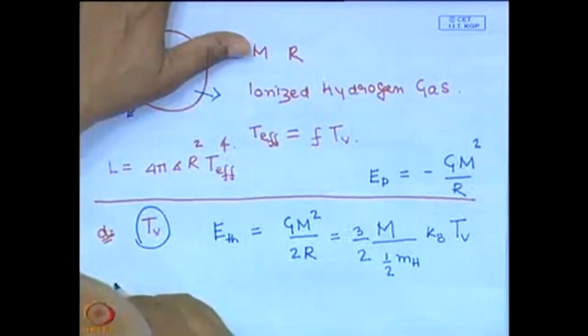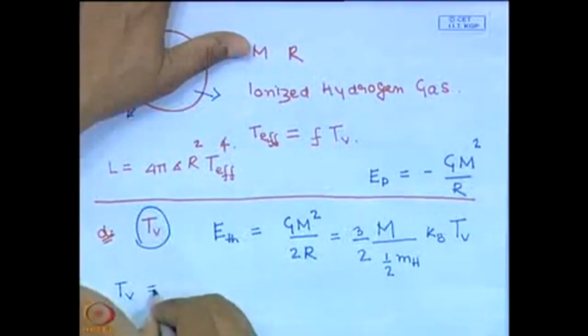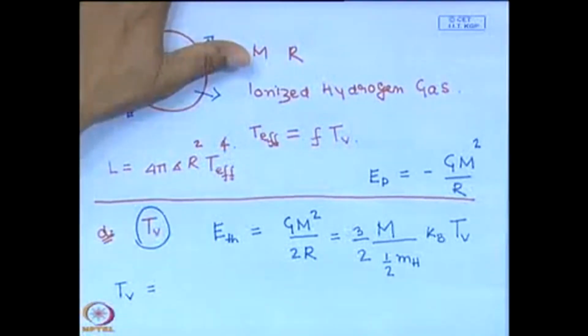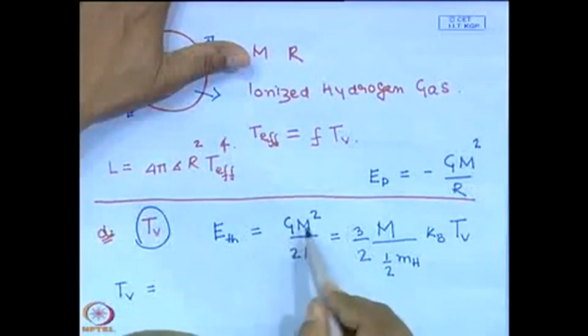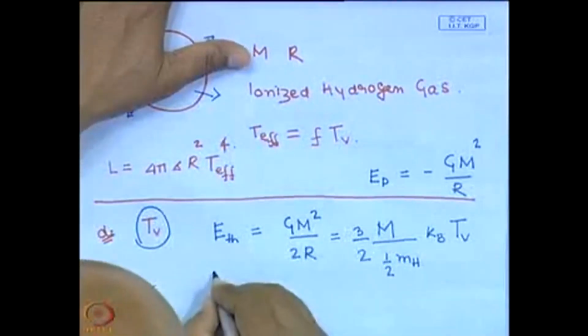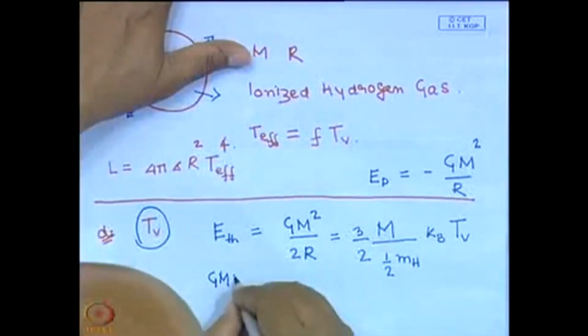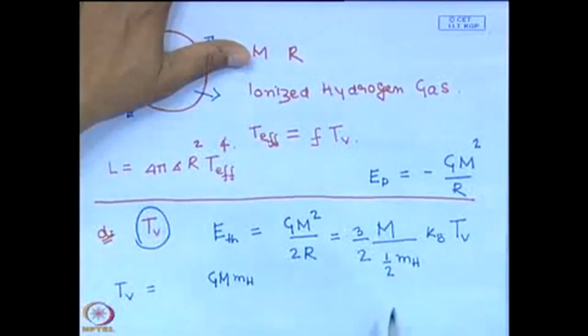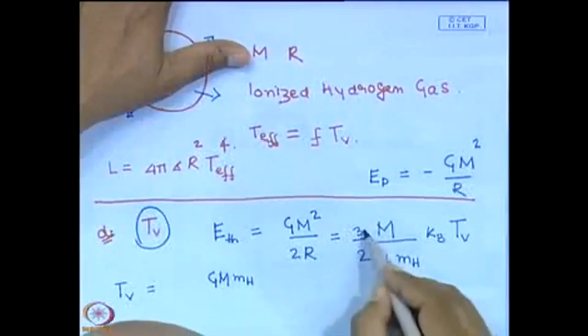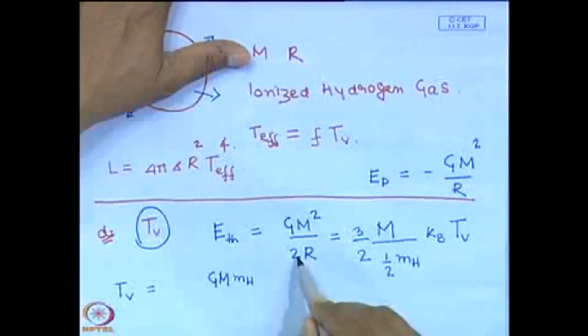So, the virial temperature is equal to, let us see how much it is equal to. One factor of m cancels out, it is equal to G m into the mass of the hydrogen atom, these factors of 2 will cancel out, and if I bring this onto the left hand side I will get a factor of 6.